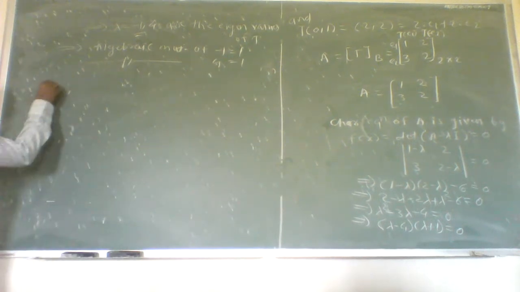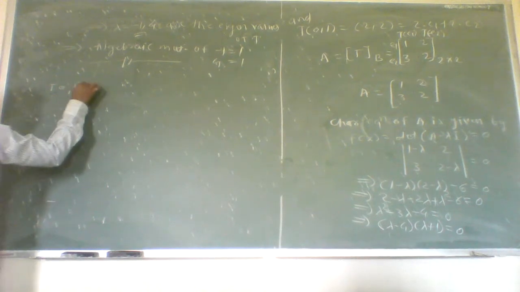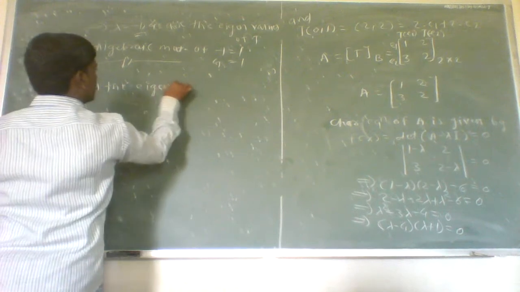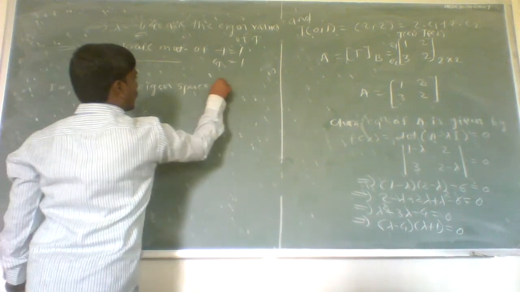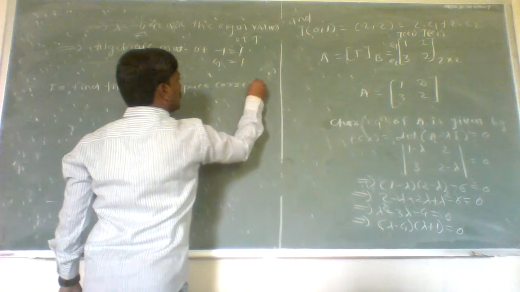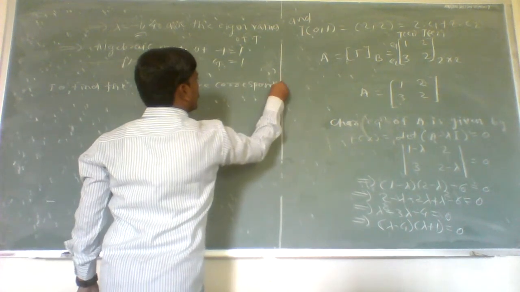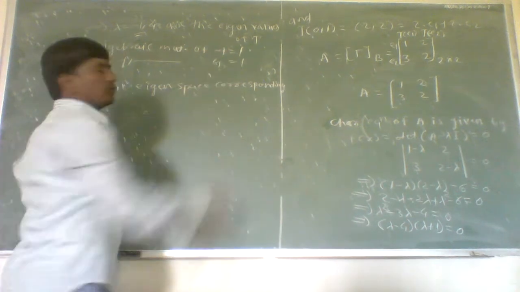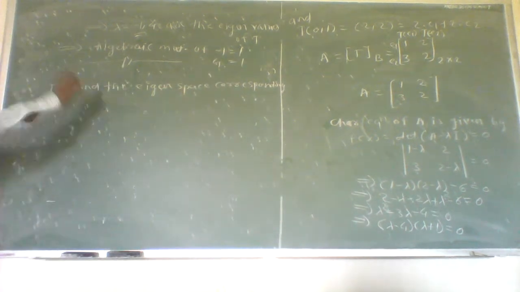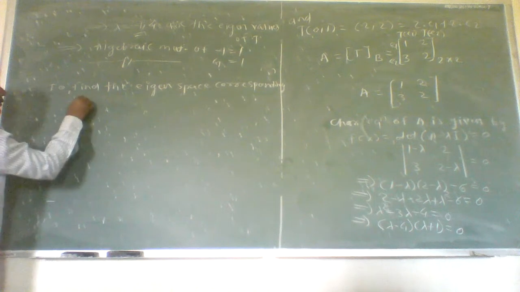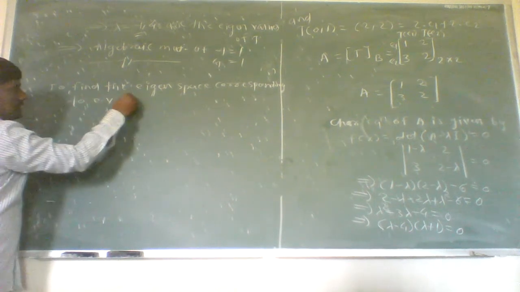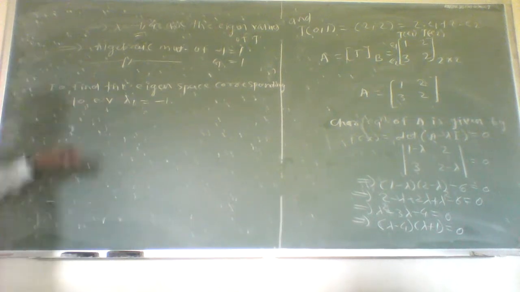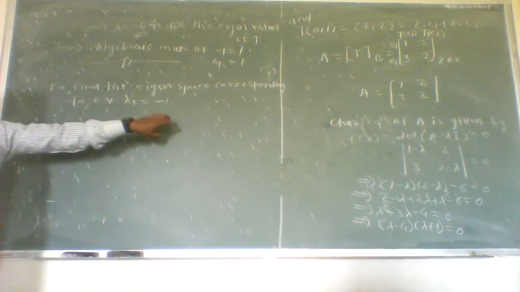Now we have to find the eigenspace corresponding to eigenvalue minus 1. To find the eigenspace corresponding to the eigenvalue, let us say lambda 1 equal to minus 1, we first have to find all its characteristic vectors.